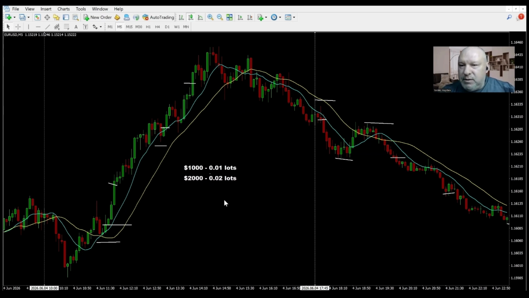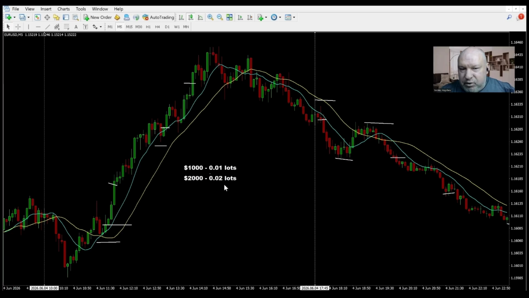It's minimum risk, and it makes you money. So if you have a loser somewhere along the way, you will still make money because our targets are bigger, as you can see, and more often than not we have profitable trades using this simple trading system. That's why I say it's suitable even for complete beginners, and they could start using it straight away, right? Probably the very next day.